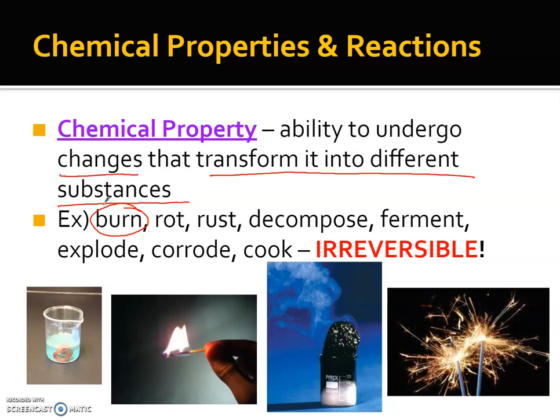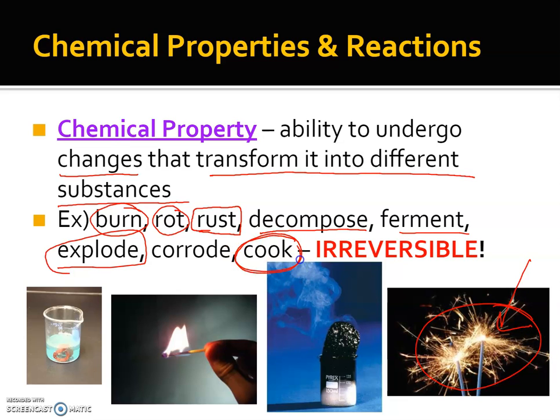It is now ash. When wood rots, it is not going to go back and make wood. When iron rusts, or when something decomposes or ferments, it's not going to go back. It's really hard to get these sparklers to go back to the way that they were.